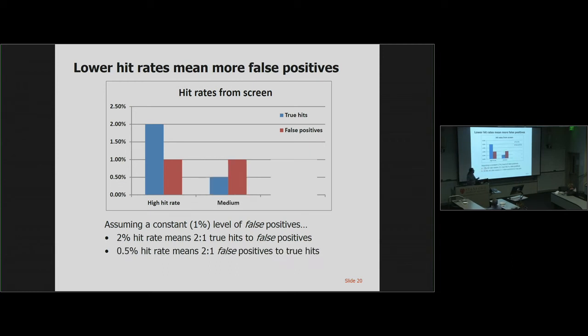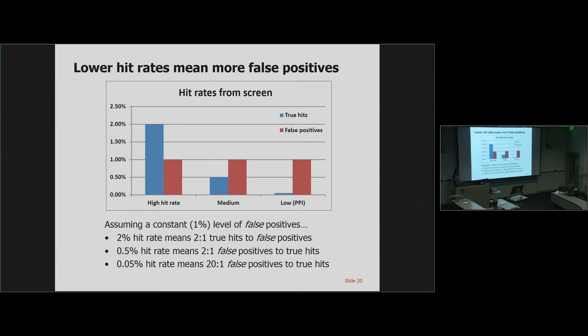If you've got maybe a little bit more challenging target, your false positive rate might be the same, but now your true hit rate is 0.5%. Then basically 2/3 of your hits are false positives. And if you've got a really tough target where there's hardly anything in your library, basically 95% of your hits are going to be false positives.